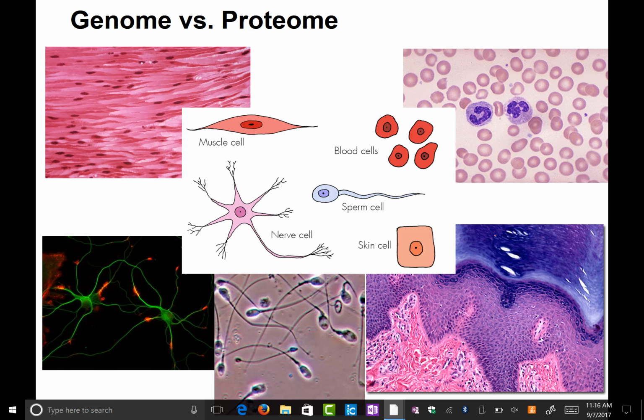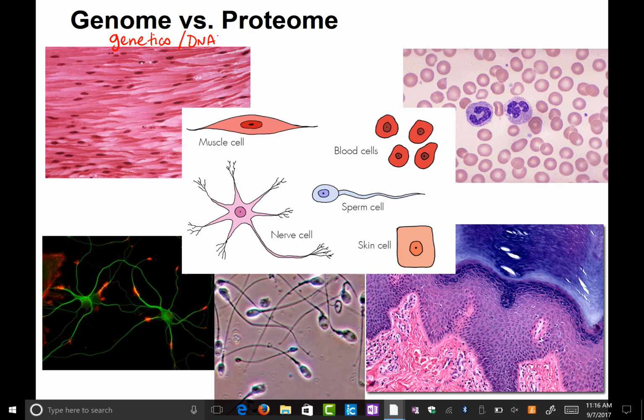Another super important concept I want you to understand is the difference between genome and proteome. So I want you to remember that genome is your genetics, your DNA.